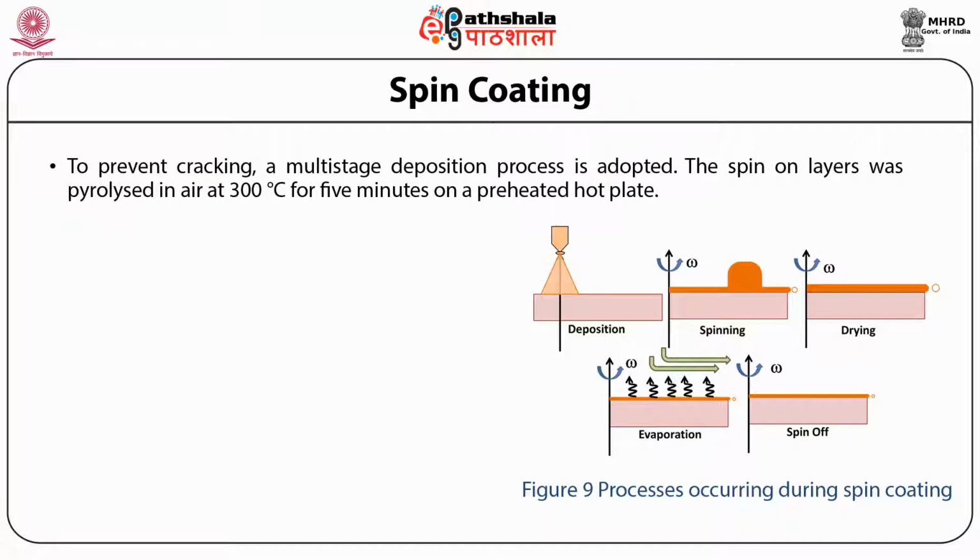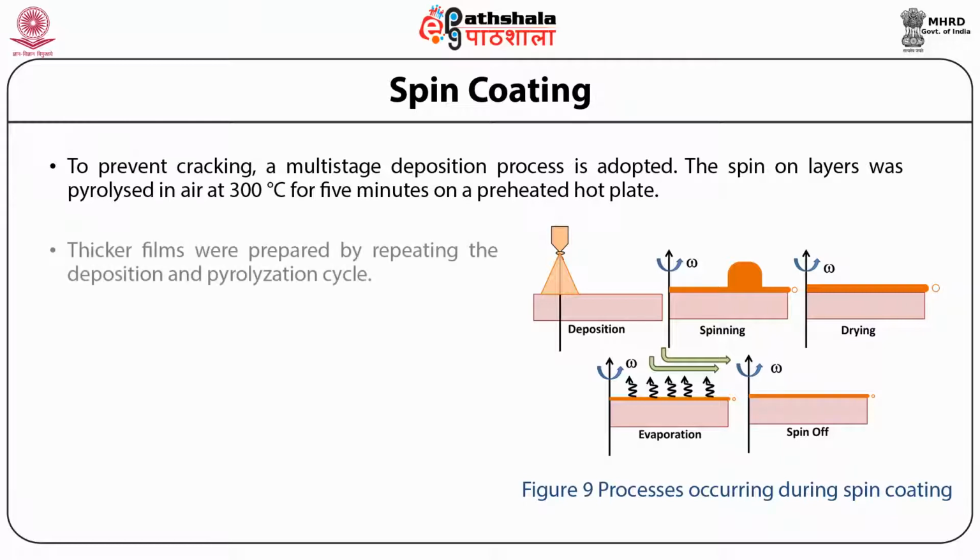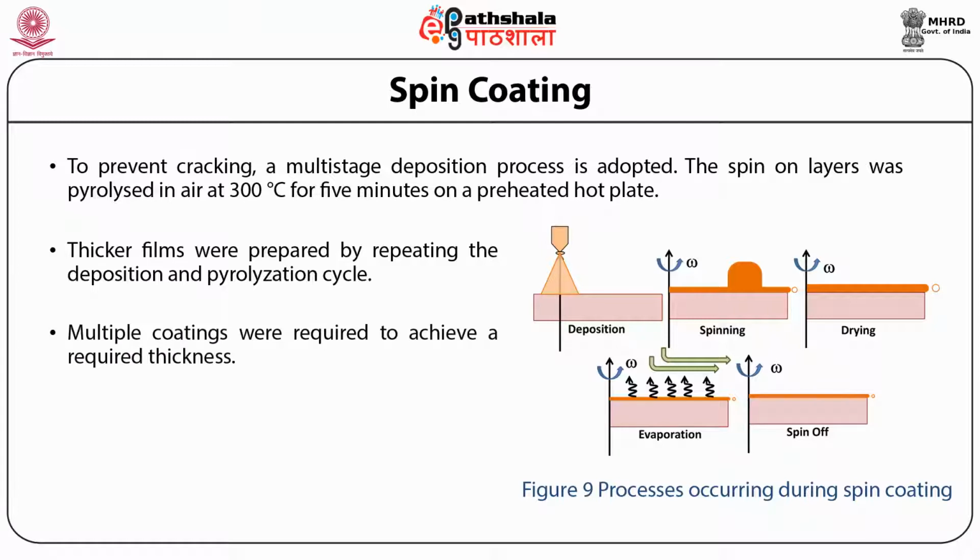The spin-on layers were pyrolyzed in air at 300 degrees Celsius for 5 minutes on a preheated hot plate. Thicker films were prepared by repeating the deposition and pyrolysis cycle. Multiple coatings were required to achieve the required thickness.